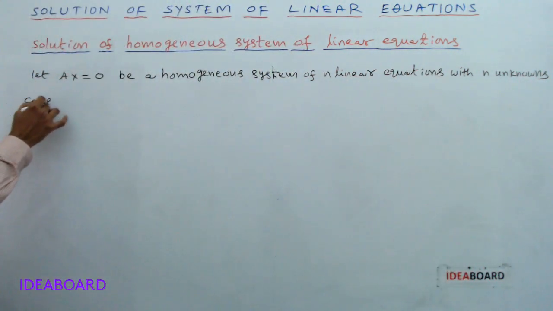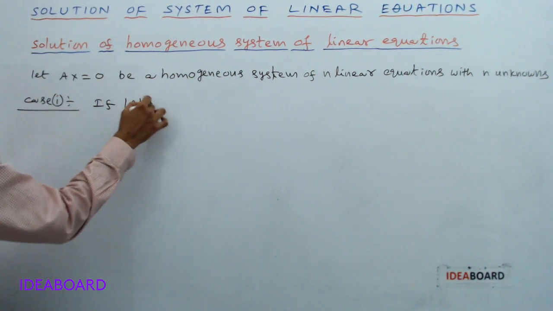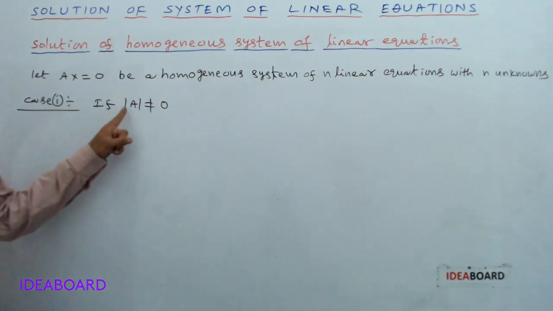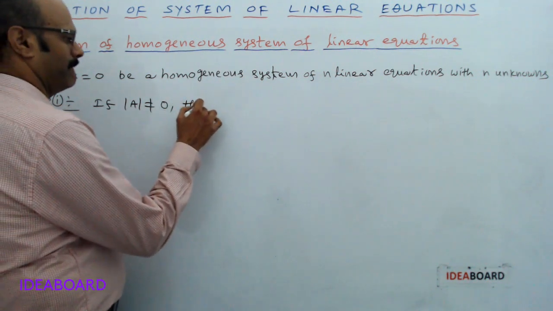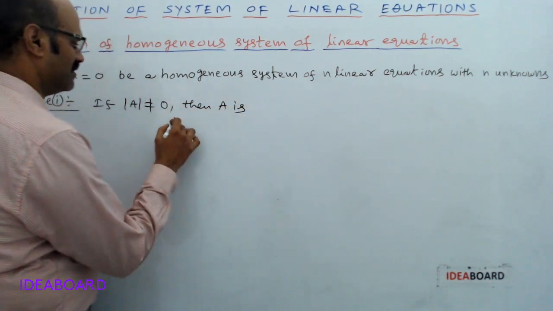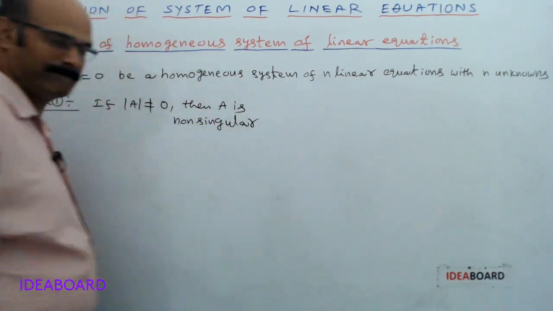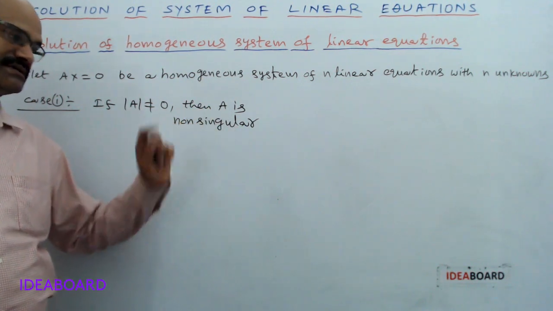There are two cases here. Case 1: if det A not equal to 0, then A is said to be a non-singular matrix.